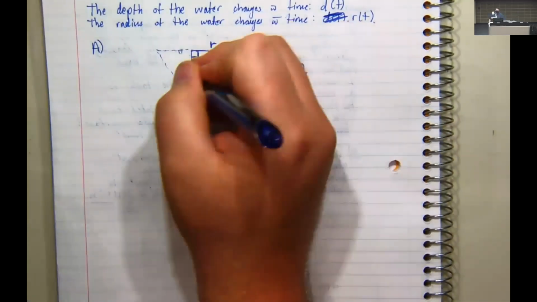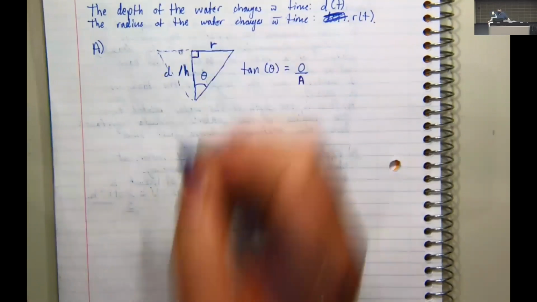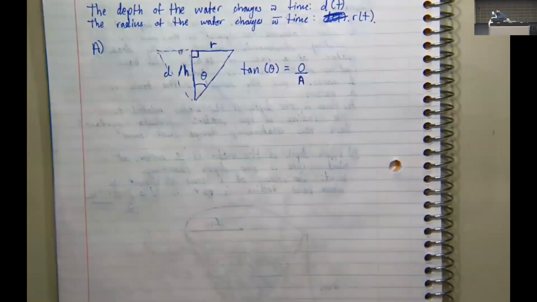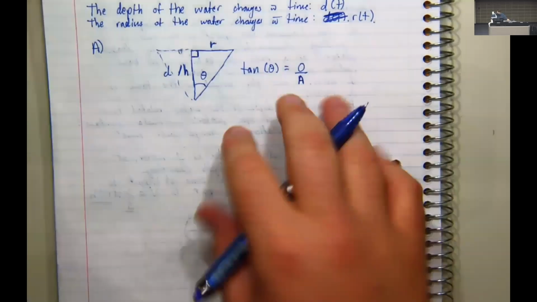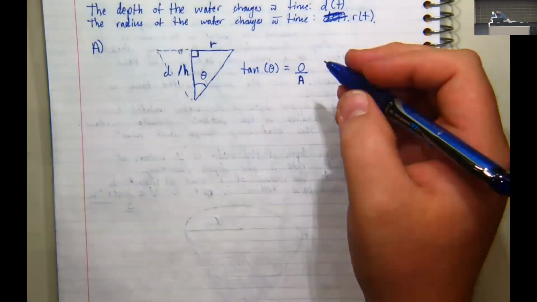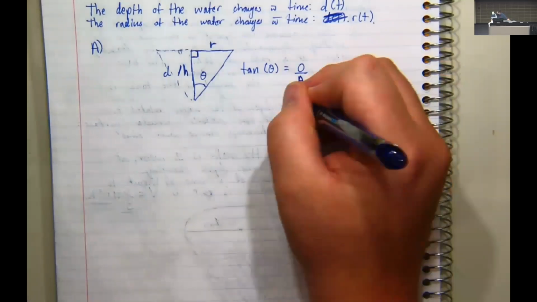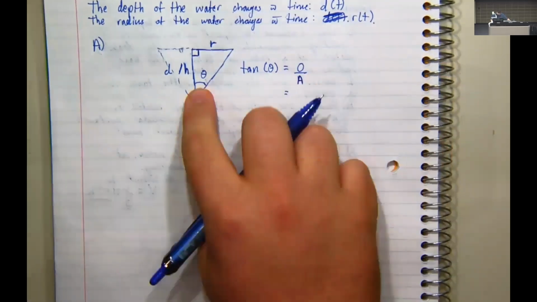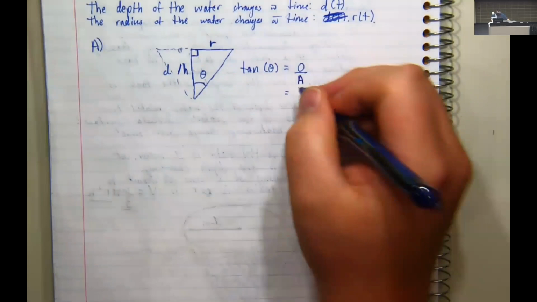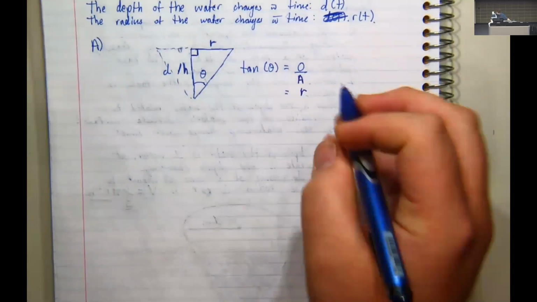The height of the water is the depth of the water. Okay, and so we have the opposite of this angle is the radius. And here we have the depth.